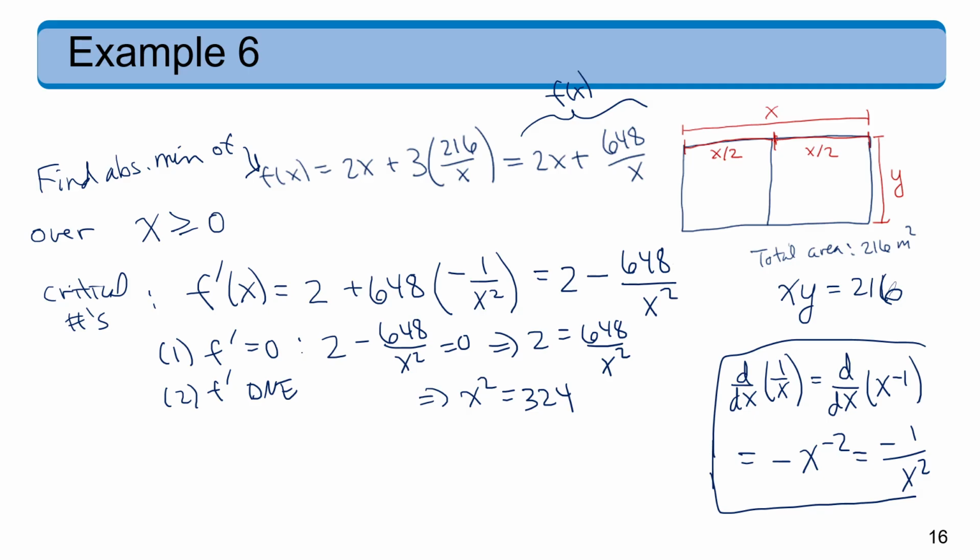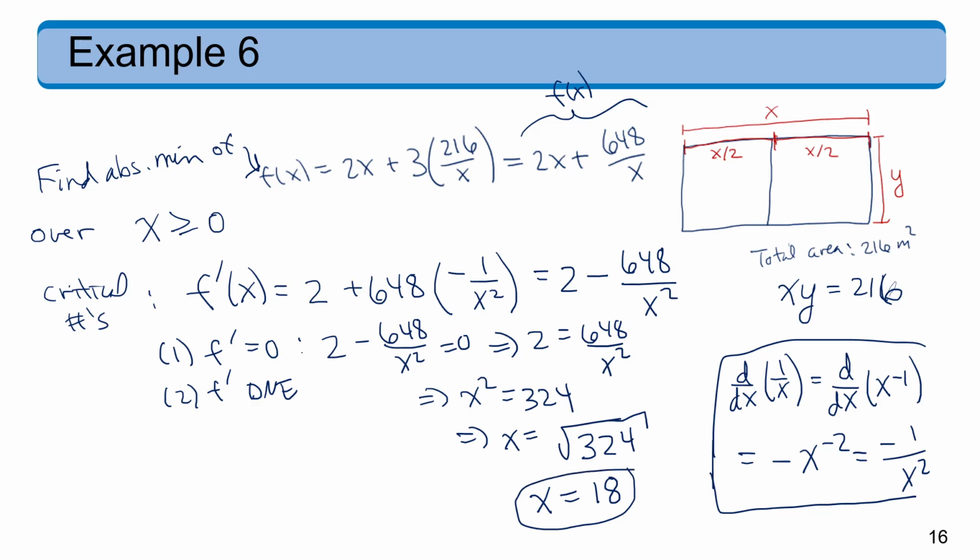Okay, and then x equals, now it's technically plus or minus the square root of 324, but x has to be 0 or bigger, so we throw out the negative square root. And this works out nicely because this is a perfect square. We get 18. Okay, so that is our only critical number from case 1.